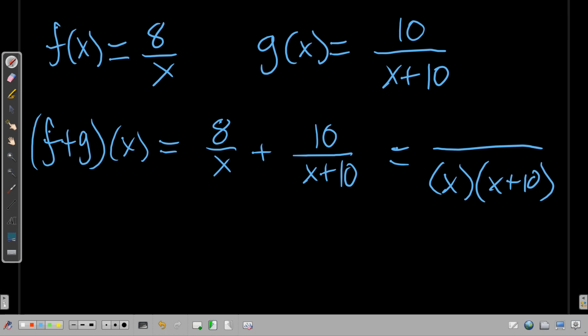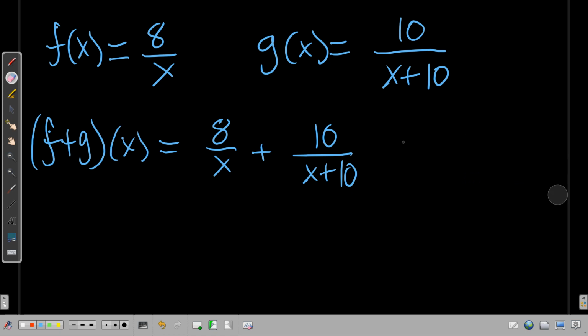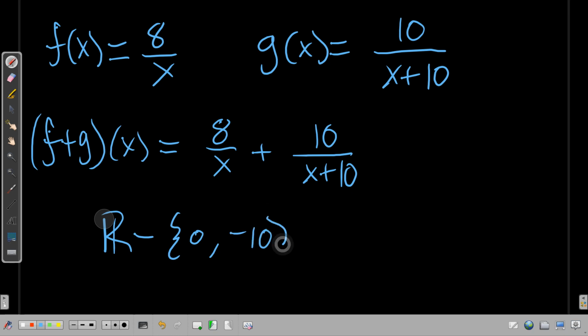It's the same domain as if you had looked at each individual domain. Actually performing this addition is not going to help you learn anything in terms of the domain. So we just need that it can't be 0, and also it can't be negative 10. So it's all the real numbers except for 0 and negative 10.